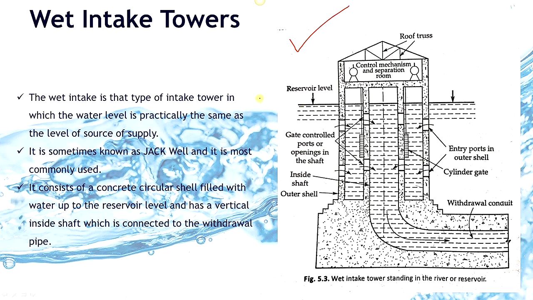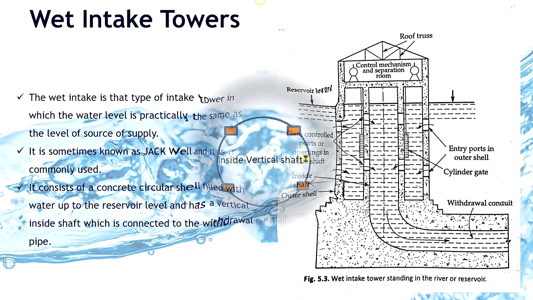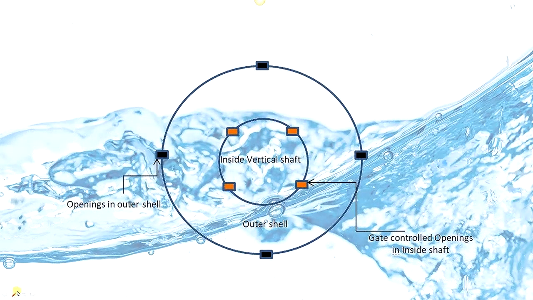Well, if you look at this diagram, the intake structure is completely standing in the water, right? In the middle of this tower, there is an inside shaft. Actually, this intake tower is circular. If you see from the top, this is how it looks from the top. This middle circle indicates the central chamber that we call the inside shaft.